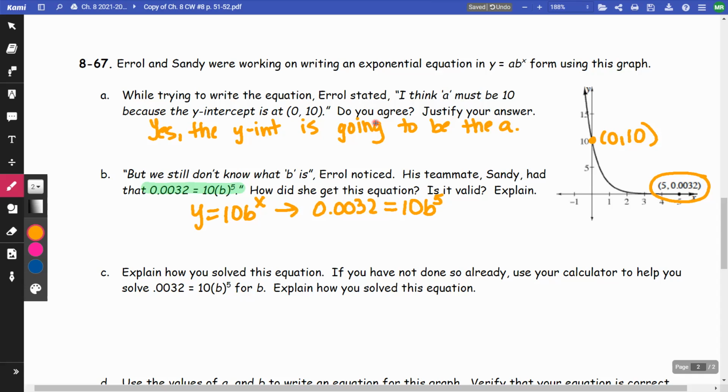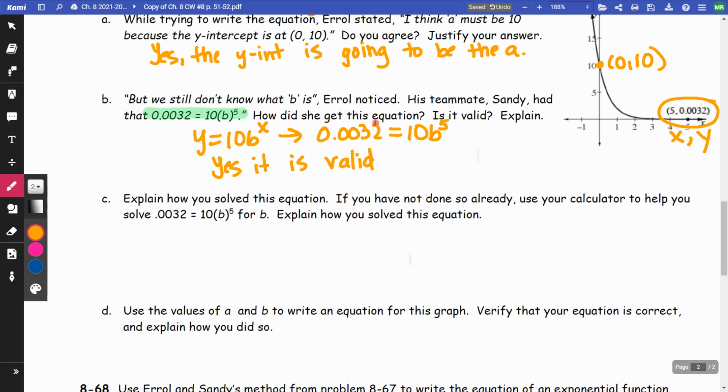How did they get this equation? They put the 5 in for the x, and they put the 0.0032 in for the y. They substituted that into the equation y equals a times b to the power x. So is it valid? Yes, it is valid. Now, they want us to solve this.